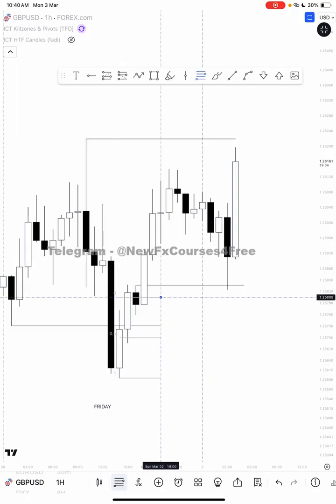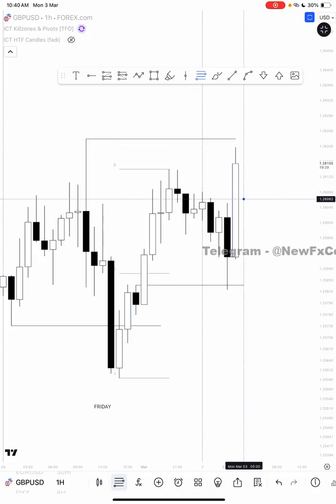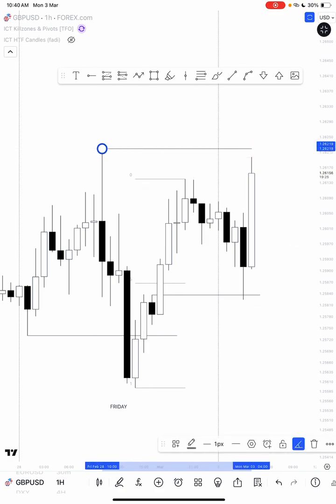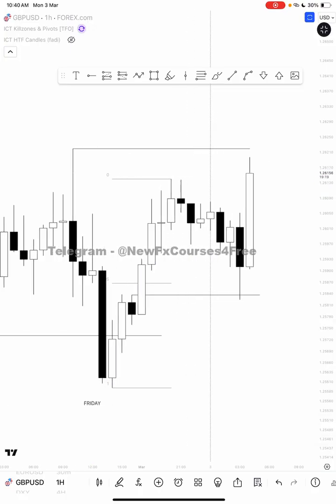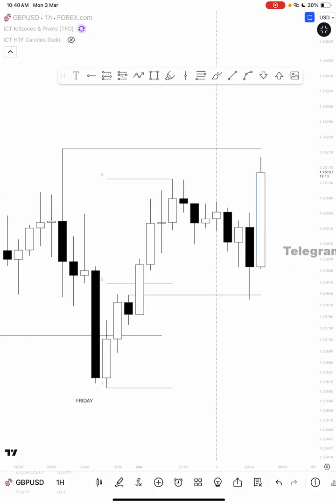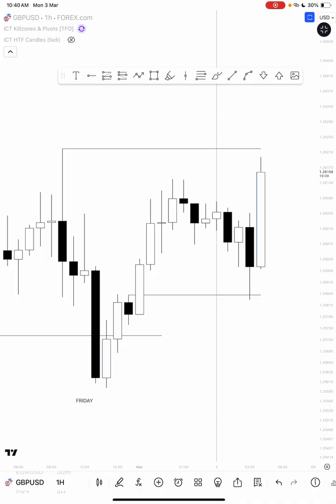Because if you take your FIB from here to this high, I didn't actually use this high because I'm using my recent swing high and my old swing low. So here, this is actually on the discount region, and you can see how beautifully the market reacted off that.